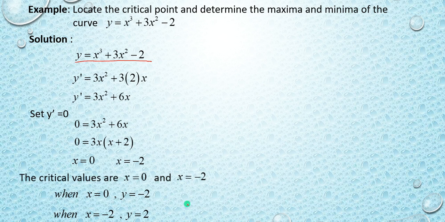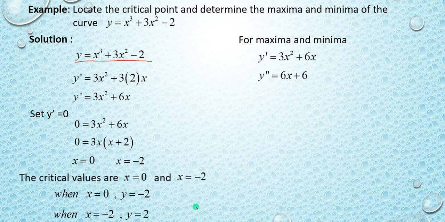Then determine the maxima and minima of the curve. For maxima and minima, for the first derivative, y prime equals 3x squared plus 6x. We get the second derivative, 6x plus 6.